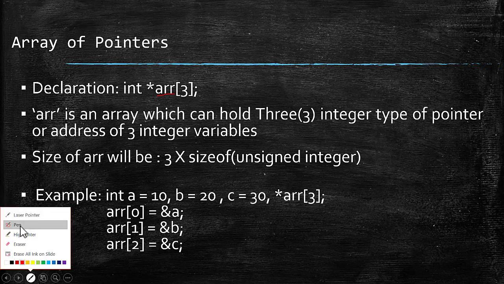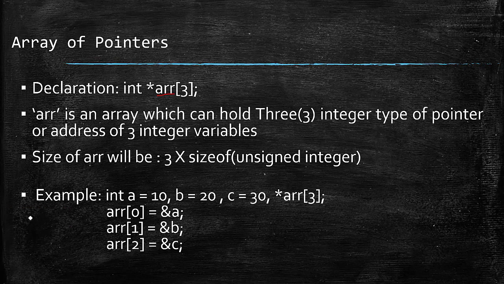Here ARR is an array which can hold the addresses of 3 integer values, so ARR is an array of pointers. Once again, ARR is an array which can hold 3 integer type pointers, or addresses of 3 integer type variables.